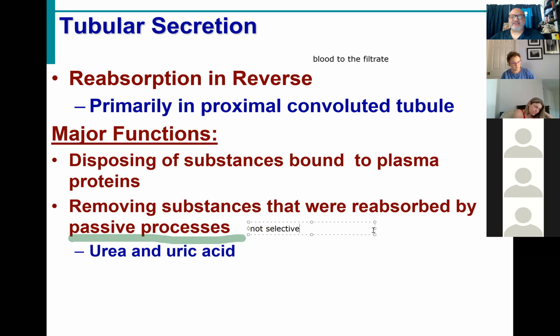What that means is small wastes, in particular, with a high concentration gradient are able to sneak back in. Two in particular, urea and uric acid, are very small nitrogen-based wastes that often come back in via that paracellular reabsorption, and as a result need to then be actively pumped back out again.